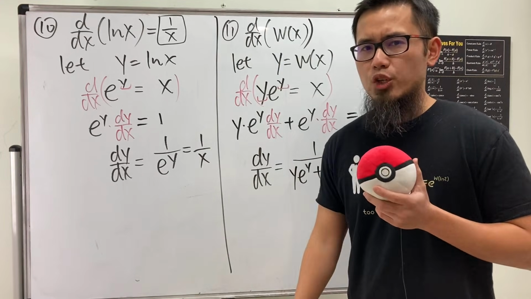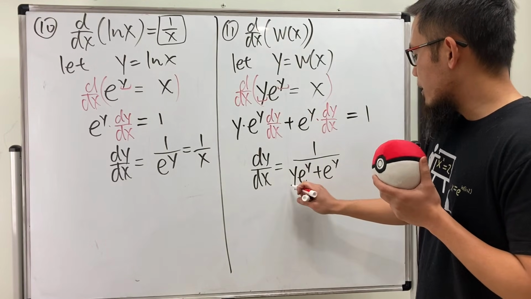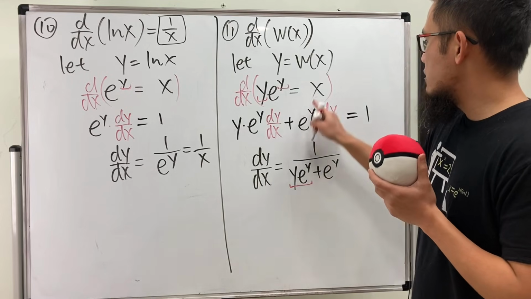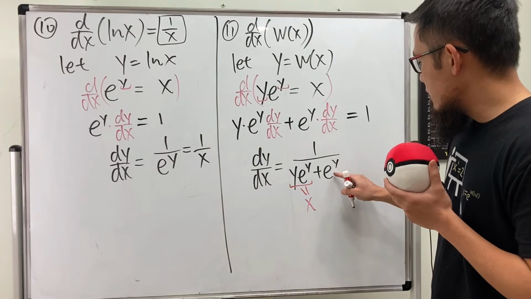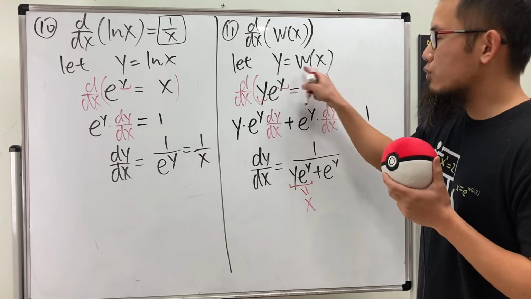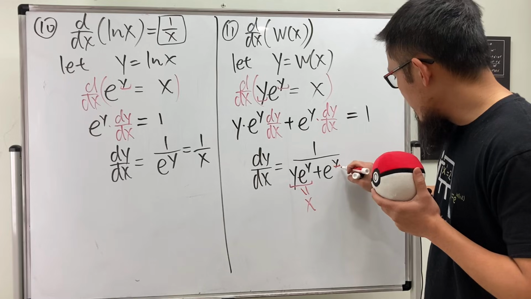Can we simplify this a little bit? Sure, yes, of course. Refer to this right here. Look at this. This is just equal to x. Pretty nice. How about e to the y? Well, y is equal to w of x. So if you would like, you can look at the y as w of x.